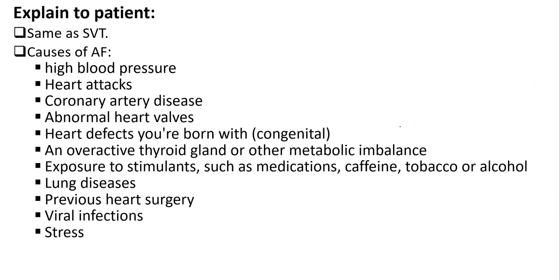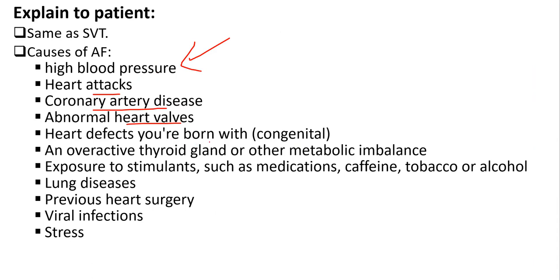reasons for having atrial fibrillation. Sometimes it can be a totally unknown cause. Sometimes it could be due to high blood pressure, which could be a positive finding in the patient. If it is positive, you can say in your case, this is the most likely reason. It could also be due to underlying heart problems such as coronary artery disease, heart attack, abnormal heart valves. The valves are door-like structures which divide each chamber in our heart.